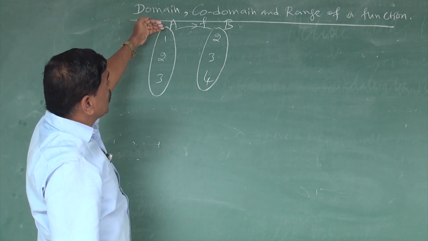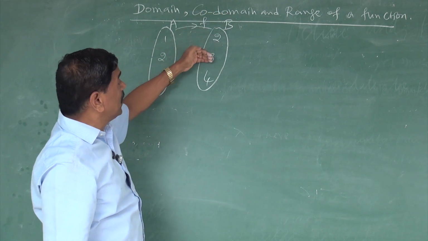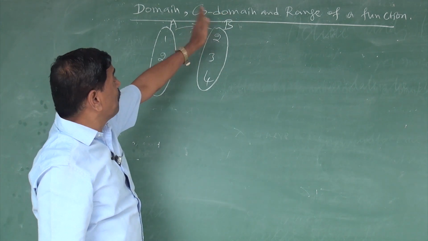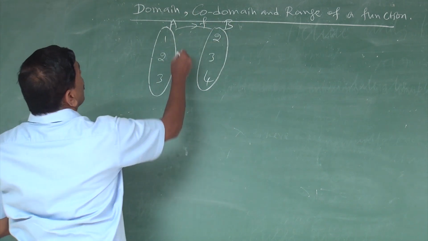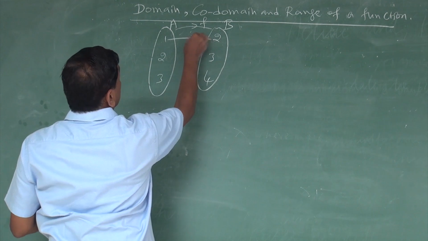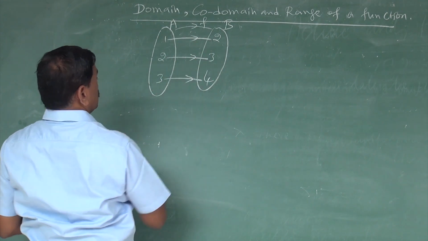Let set A be {1, 2, 3} and set B be {2, 3, 4}. Suppose f is a function from A to B. Now here suppose 1's image is 2, 2's image is 3, 3's image is 4.